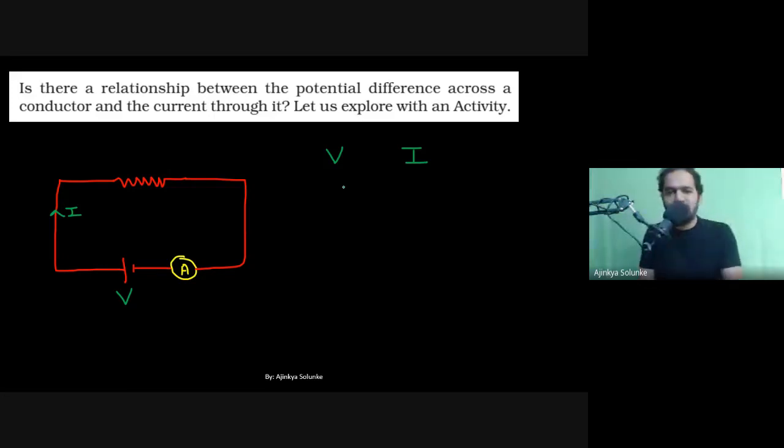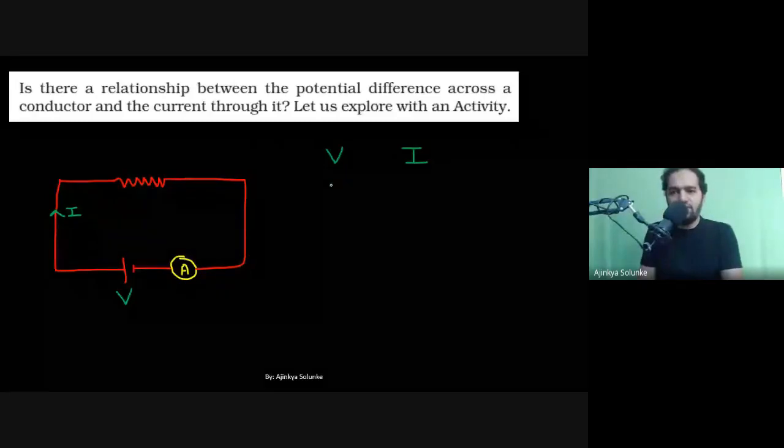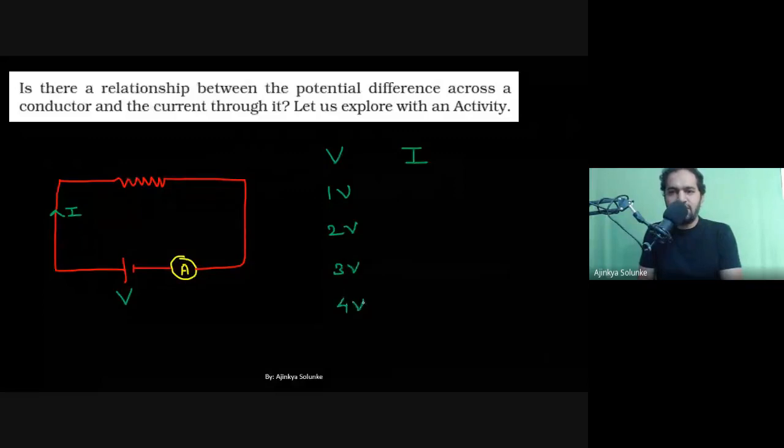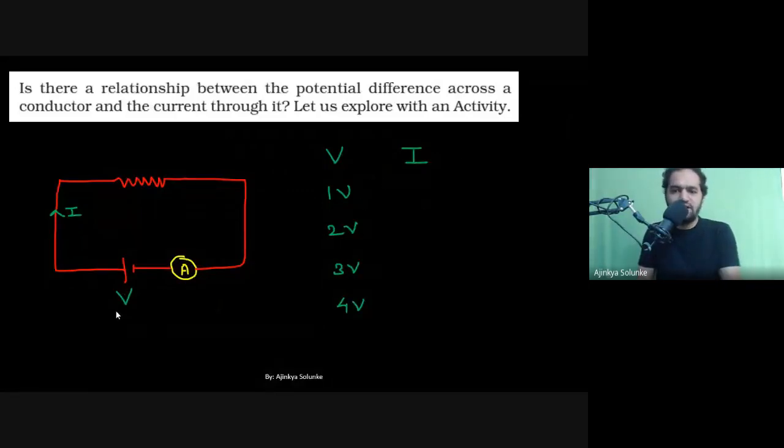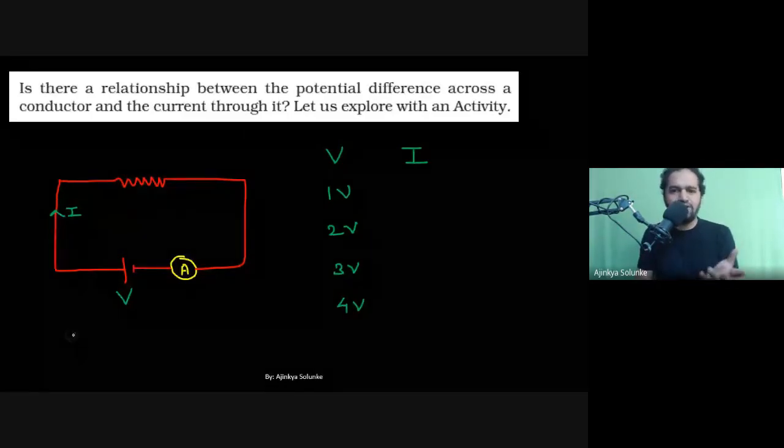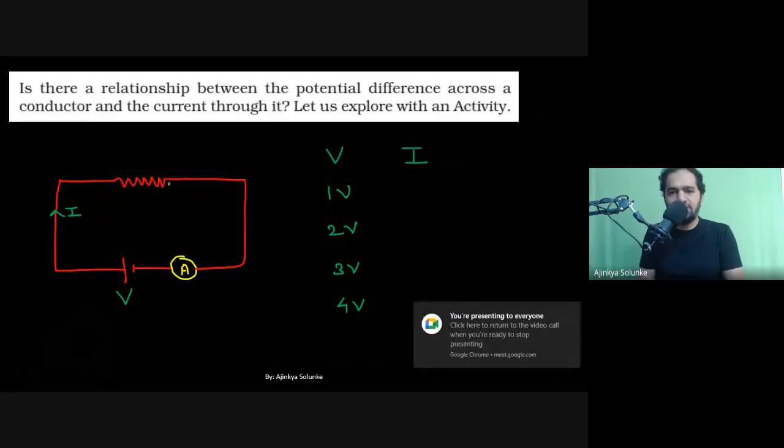He found the current for 1 volt, then 2 volt, then 3 volt, and 4 volt. Each time he increased the voltage of the battery, and correspondingly he found the current value. You don't need to remember the values, because the current in your circuit changes depending on what kind of device is connected.